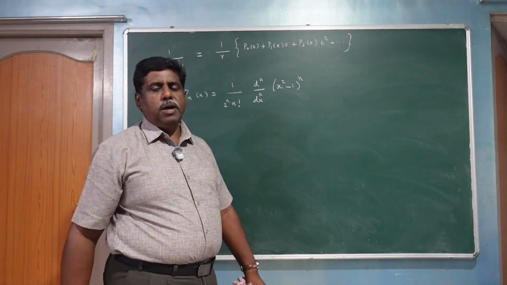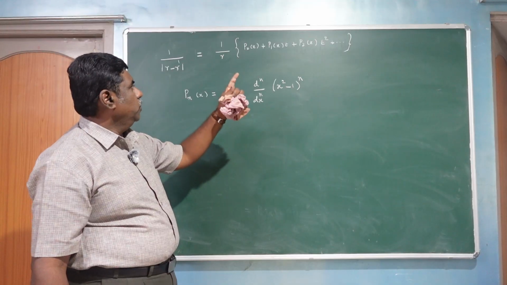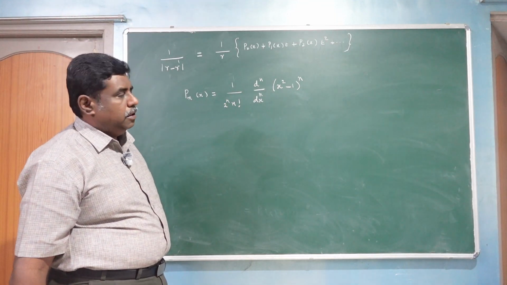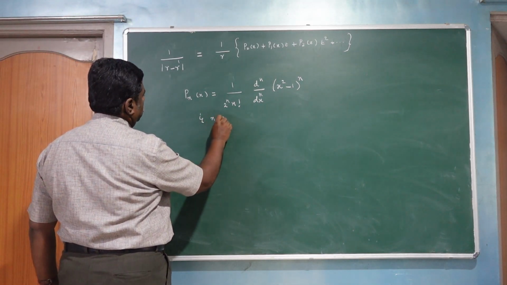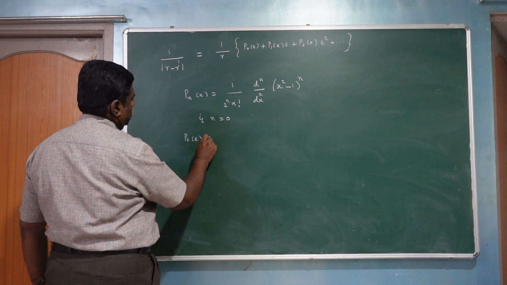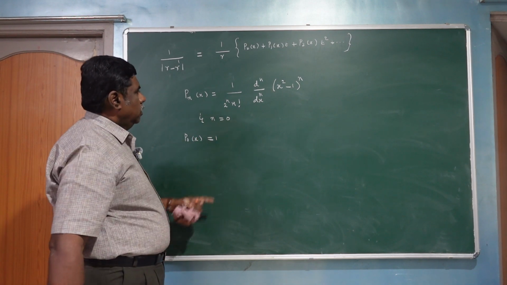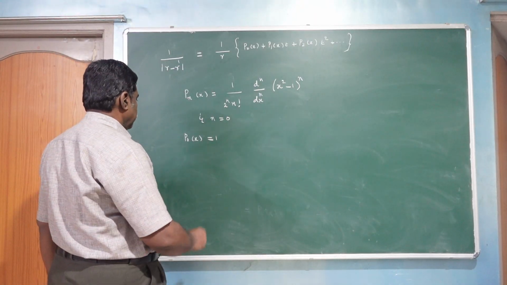This is the Rodrigues formula. Using this formula, we have to evaluate the values of P0 of x, P1 of x and P2 of x. If n equal to 0, then P0 of x equal to 1. If you put n equal to 0, anything to the power 0 is 1.